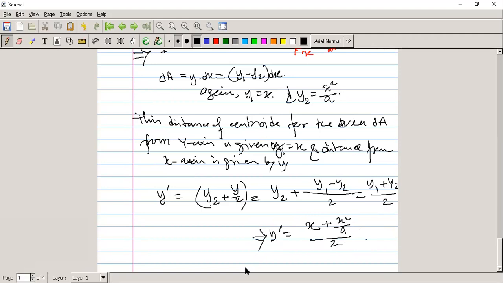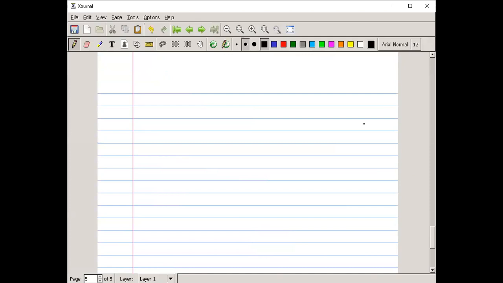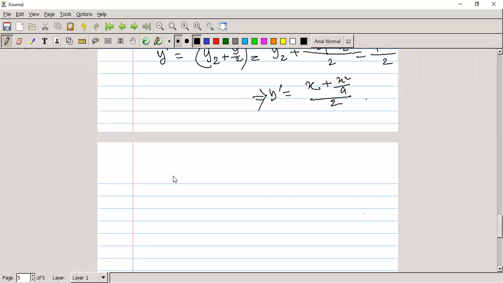Now from the equation of centroid, what we know from the equation of centroid, xg is integration of x into dA over integration of dA. So x is how much?